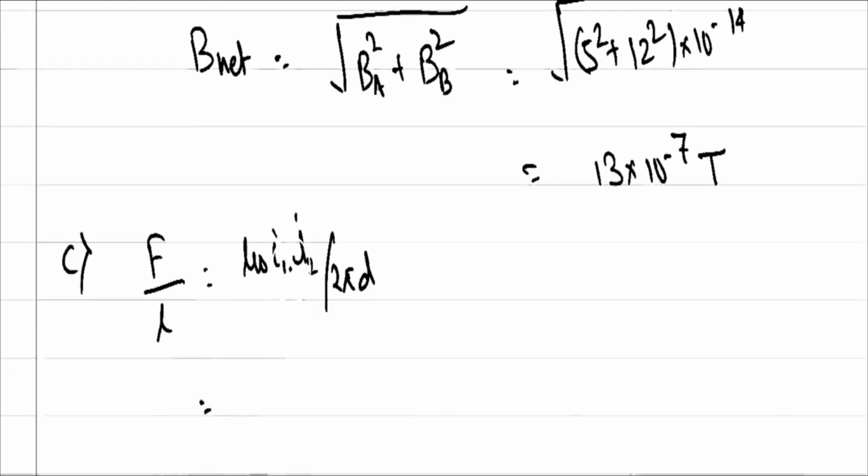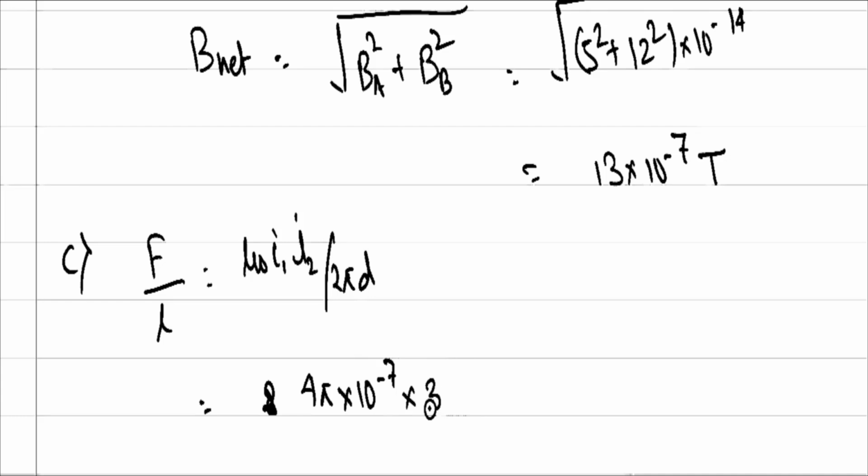We know the values of I1 and I2, so I don't think it is difficult to calculate. 4 pi into 10 power minus 7 into 3 into 9.6 divided by 2 pi into 2.